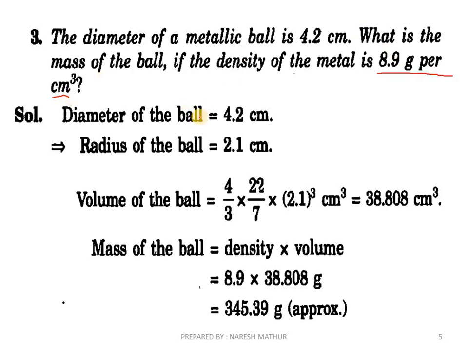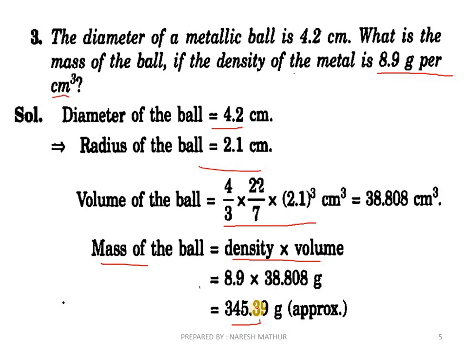We are given the diameter of 4.2 and we can get the radius of the ball by taking half of it. Volume of the ball can be found as 4 by 3 pi r cube, and for finding its mass we have a formula, that is density into volume. Density is given in the question and volume we have just found, so we can simply find the mass by multiplying, and at the end we will get the answer in grams.